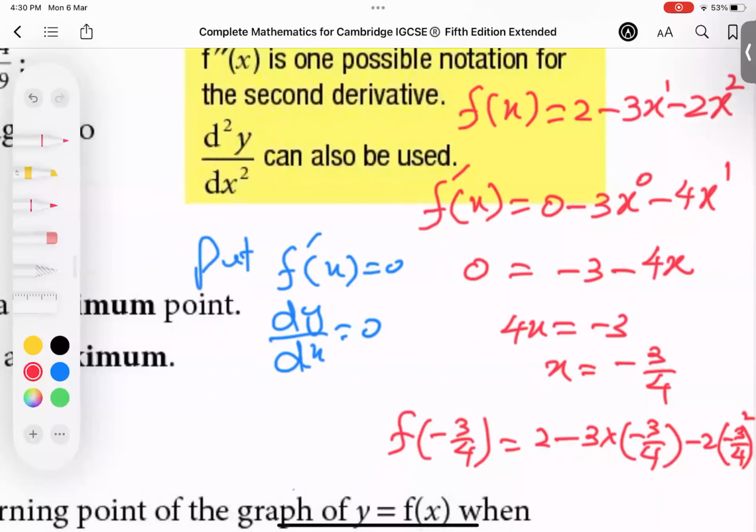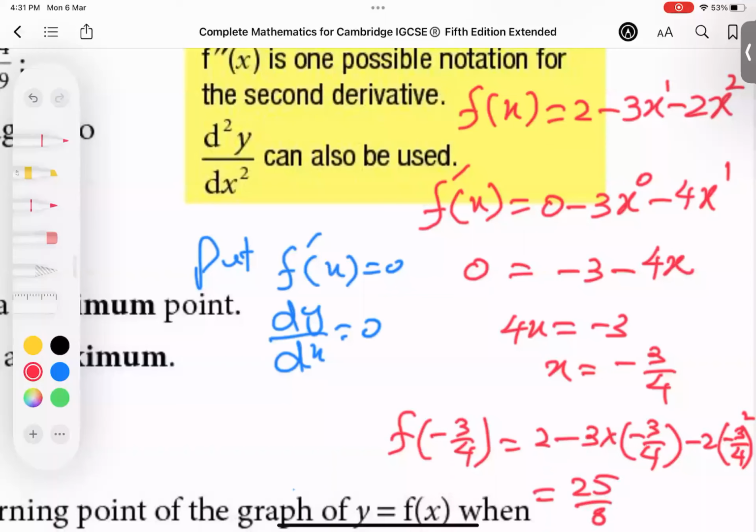I hope the point is very clear, and I'm using my calculator. So 2 plus 9 over 4 and minus 2 times 9 over 16. Wait a minute, let me check. Yes, in fraction form, I get the answer 25 over 8.